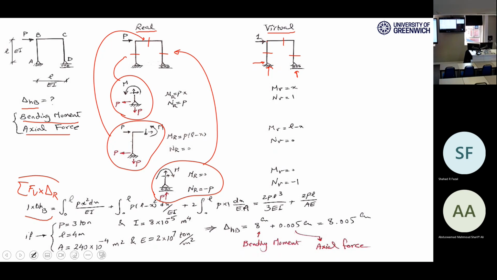So whatever you have made in the real structure to make sections, you need to follow for the virtual structure. So this one is really like the second one, and this one is really like the third one, but in the virtual structure, right?